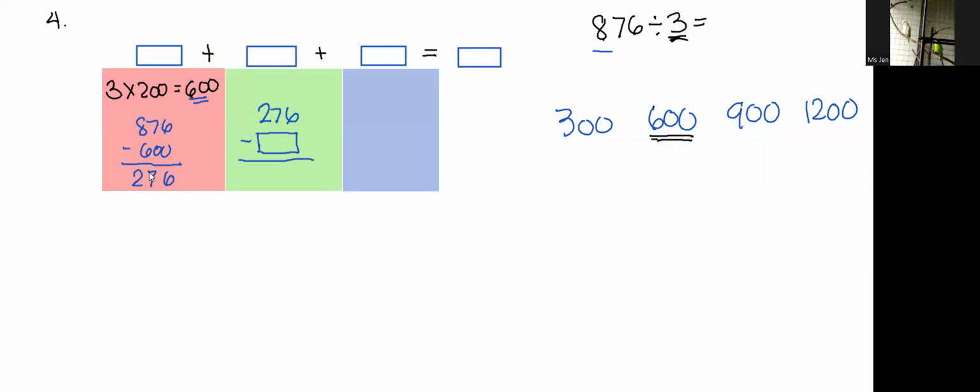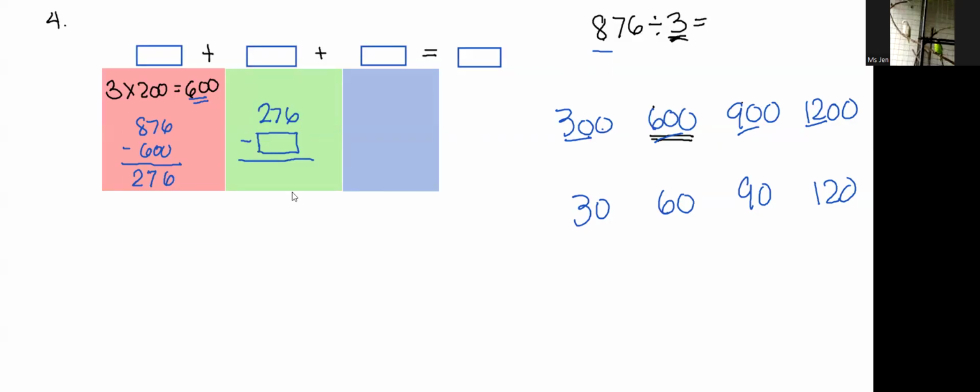All right, so since you have 276, and you're done with the skip counting by 100, you will now use skip counting by tens. So it'll be 30, 60, 90, 120. At first you do it by the hundreds, and then now you do by the tens.